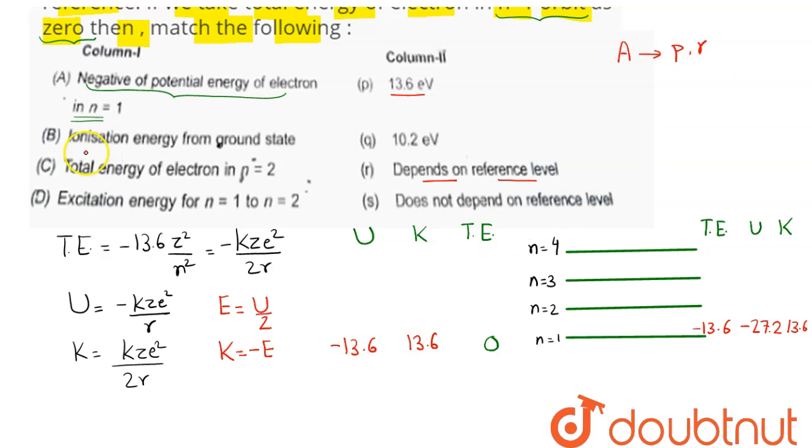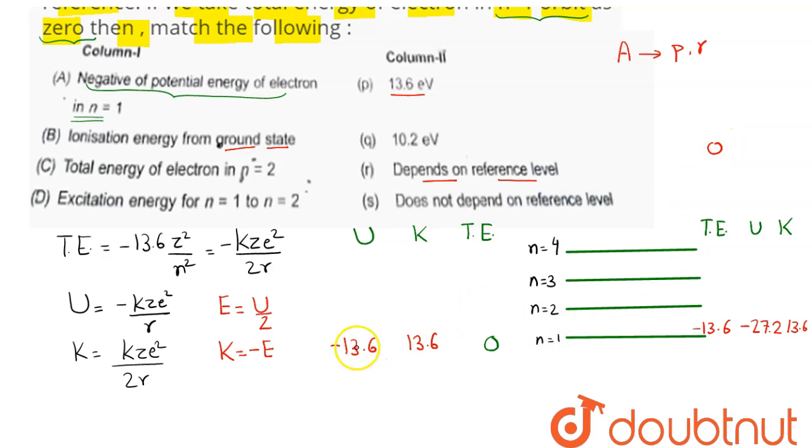Now coming to option B. B says ionization energy from the ground state. The ionization energy from the ground state is, at infinity the total mechanical energy was 0.